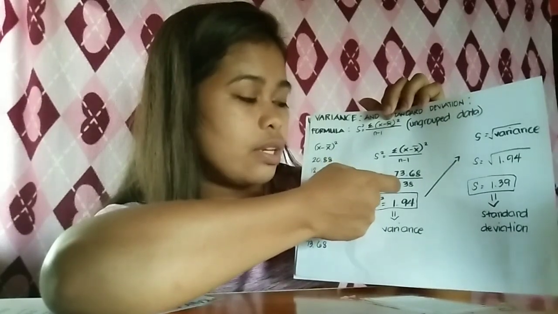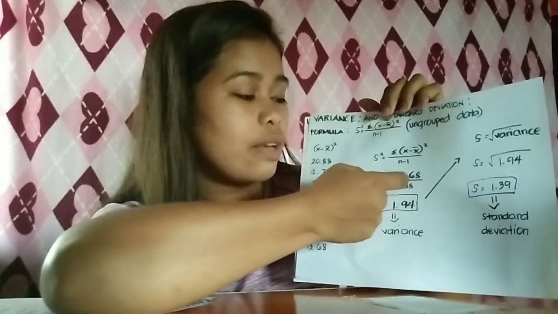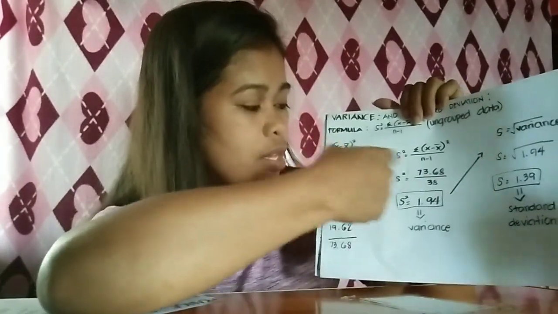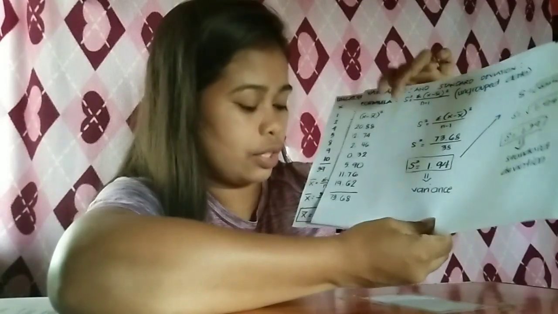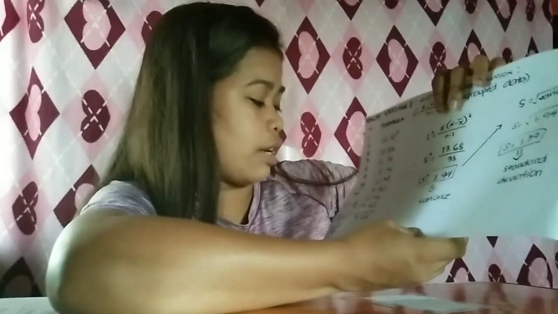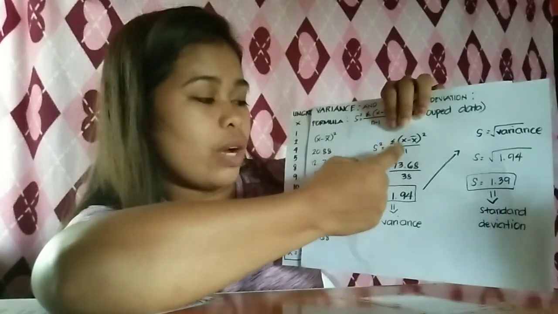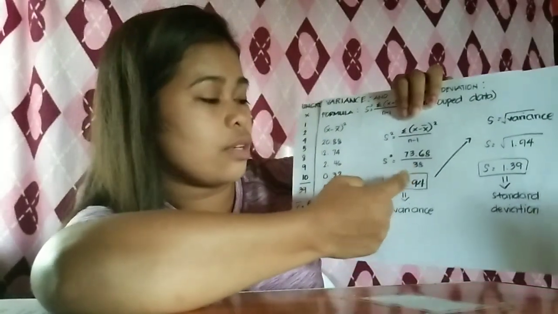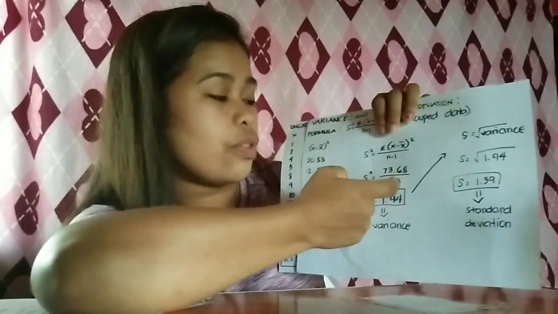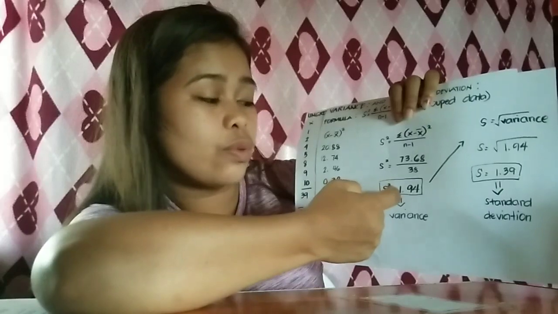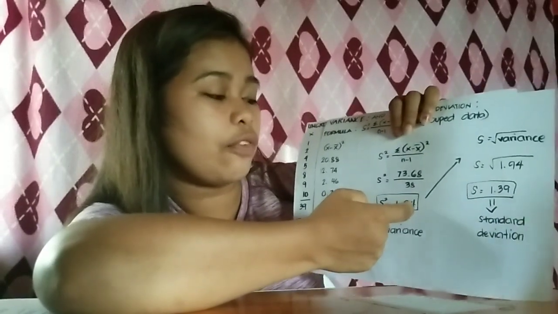S squared is equals to 73.68, the total of these all numbers, and over 38. 38 is because 39 ang diri sa x. 39 minus 1 will become 38. S squared, or the variance, is equals to 1.94.